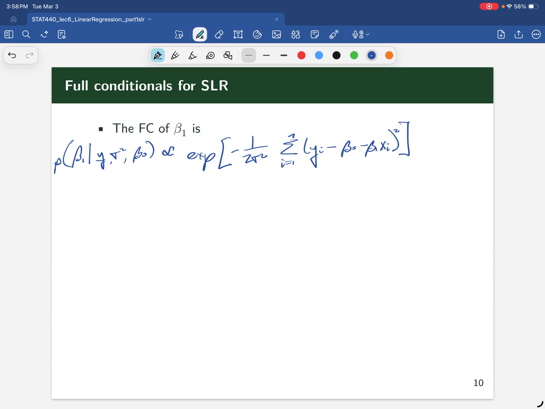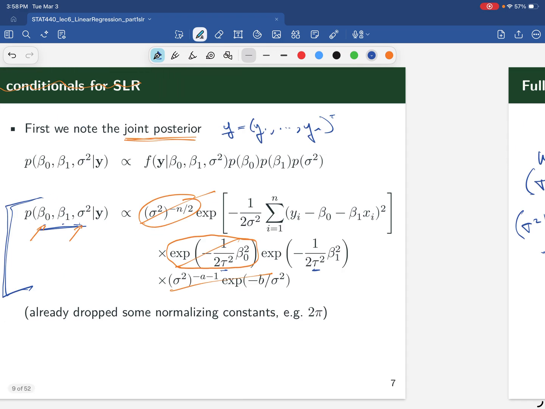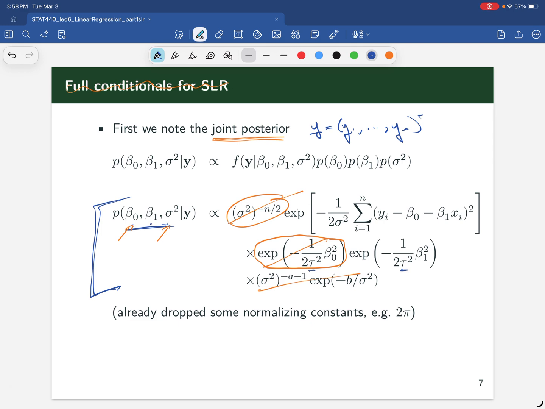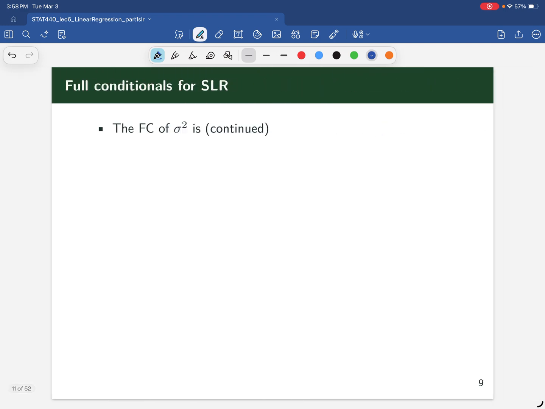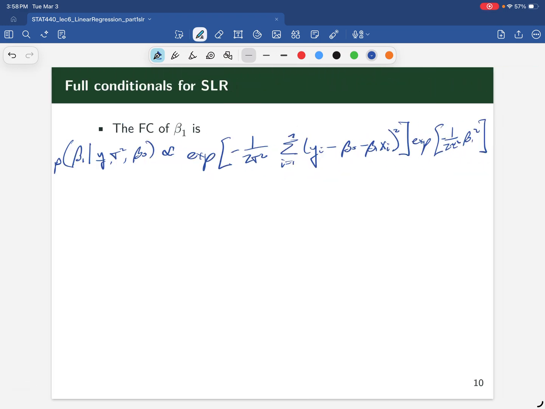And then we have to multiply by our prior, and that's going to be e to the -1 over 2 tau squared beta 1 squared. So if you look at this expression and we go back here, you should see that I have the same thing written in both spots.